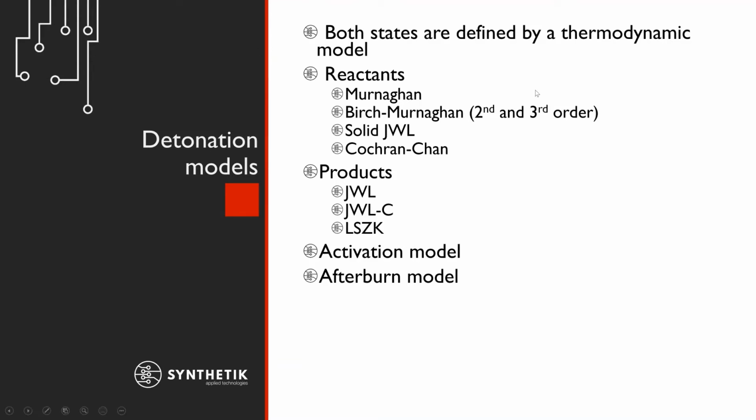So for the reactant phase, generally we use a solid equation of state. So something like the Murnaghan, we have the Birch-Murnaghan second and third order, solid JWL, which is really just the JWL with different coefficients. And then the Cochrane-Shan. Not all of these have super readily available coefficients, but you can.